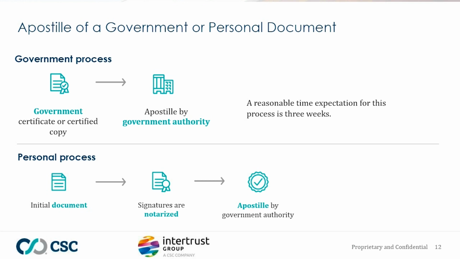A government certified copy can be retrieved. So for corporate documents, CSC can assist in retrieval. For many types of government issued certified copies, it's okay for CSC to request issuance. But there are some types of documents that can only be retrieved by authorized employees of the company.